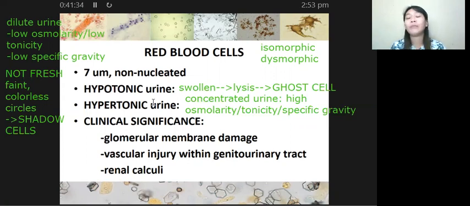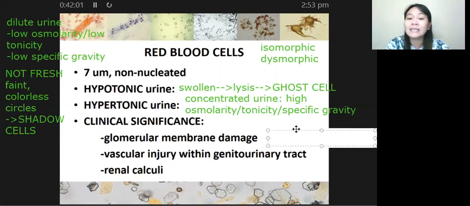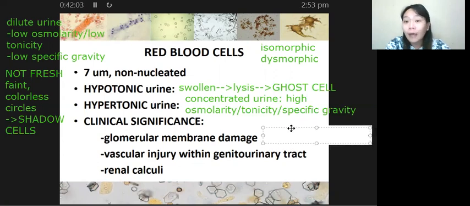All right? So yan. So what is the clinical significance of your red blood cells? So take note that your red blood cells, katulad nga ng sinabi ko, they may be glomerular in origin. If, for example, they are regarded as dysmorphic, okay? So this can indicate glomerular origin of your RBC. Yes, and furthermore, it is associated with glomerular membrane damage.